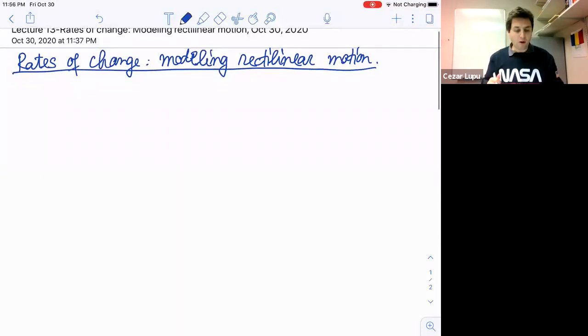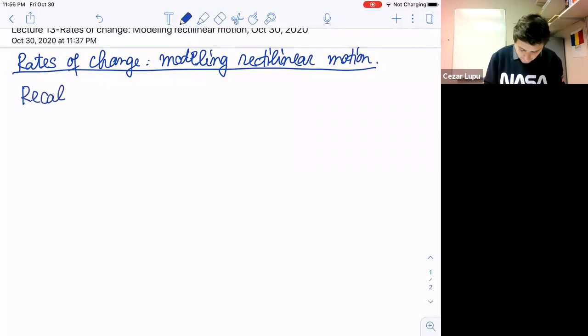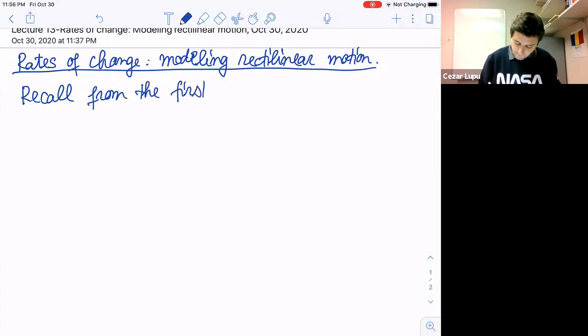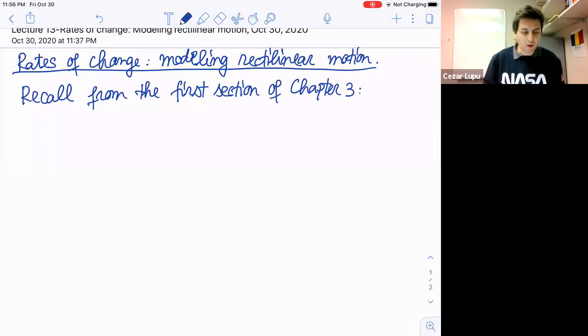So recall from previous lectures, we talked about rates of change. Recall from the first section of chapter 3 the following picture.